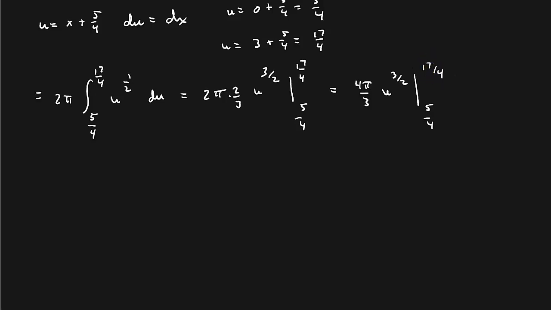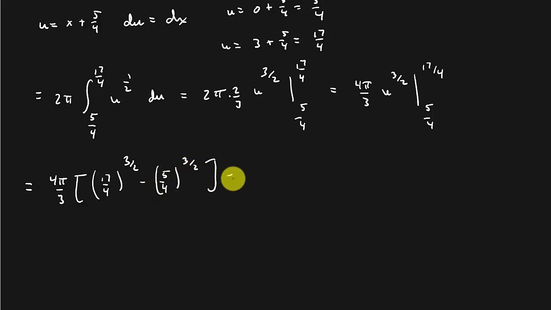All right, now let's evaluate this. We're going to do all these calculations by hand. This is for those of you that have those really mean teachers that don't let you use calculators in class. Yes, I'm one of them. So we've got 4 pi over 3 times 17 over 4 to the 3/2 minus 5 over 4 to the 3/2.